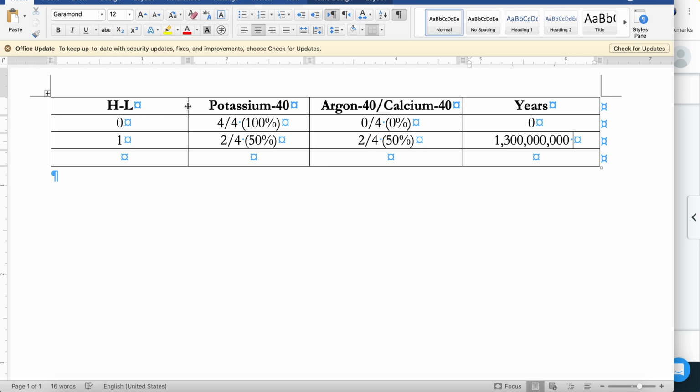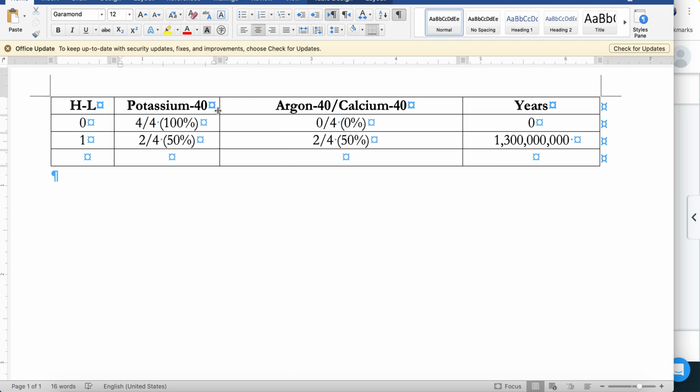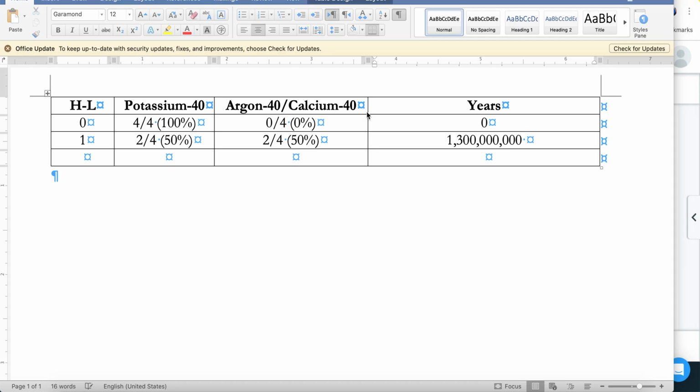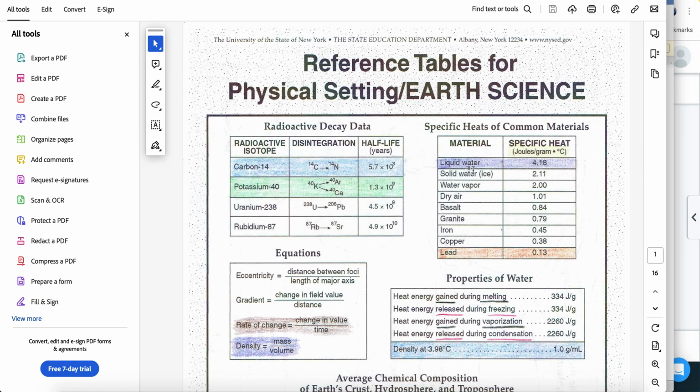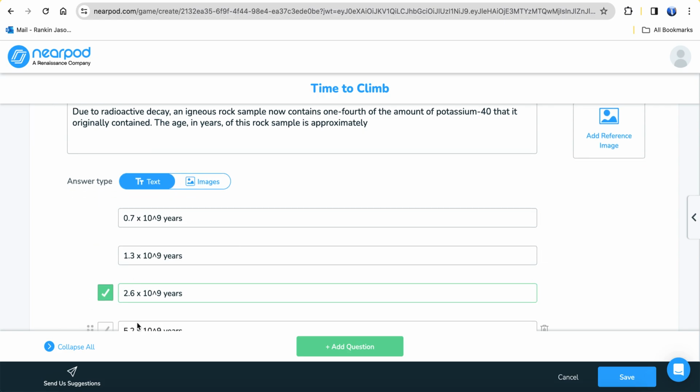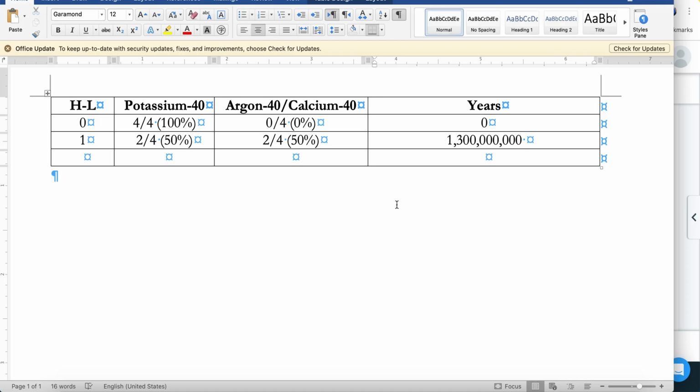Let's expand that. It's all in scientific notation: 1.3 times 10 to the 9th power.